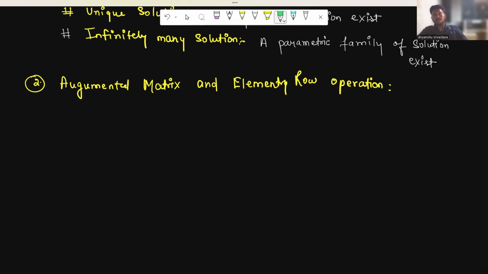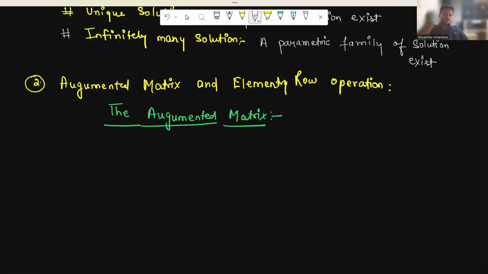What is an augmented matrix? It is a compact way to represent a linear system for computational purposes, by including the constant vector as an additional column of the coefficient matrix. This is called the augmented matrix, denoted [A | B].